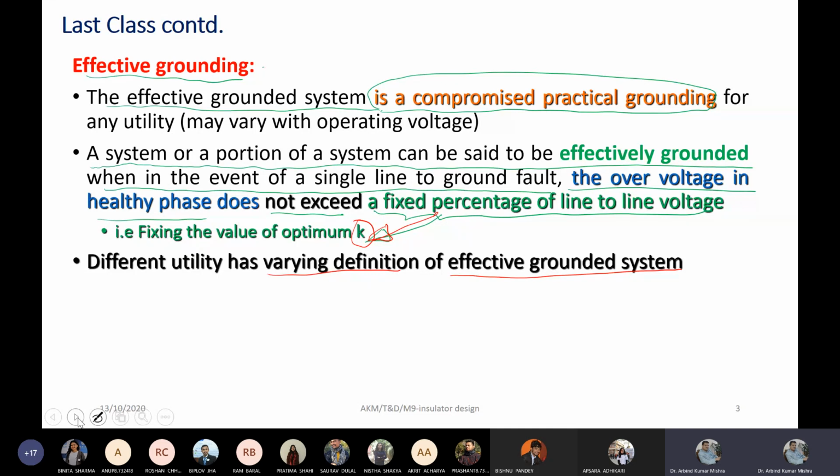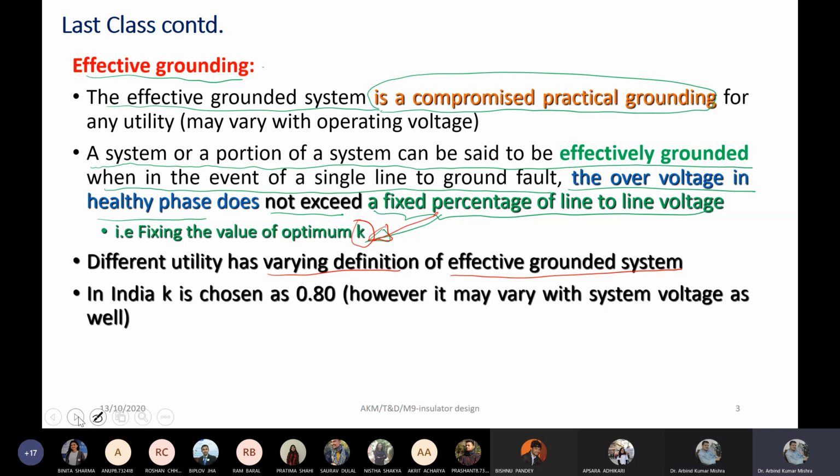Many African countries use isolated neutral systems because their soil resistivity is quite high, and reducing the earthing impedance is a very costly affair.